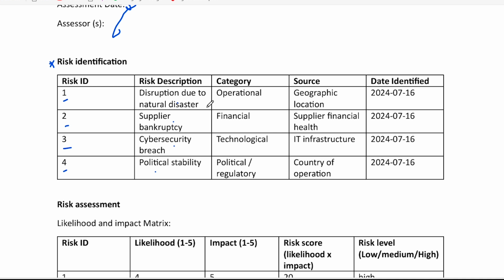Well, the disaster affects your operation and financials, obviously, as does supplier bankruptcy. Cyber security breach will affect your technology. Political instability, well, probably stability or instability, depending on how you look at it, is political and regulation. Sources: where are all these things coming from? And when were these risks identified? You have all the dates.